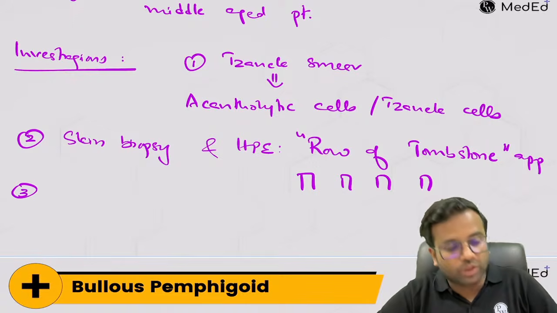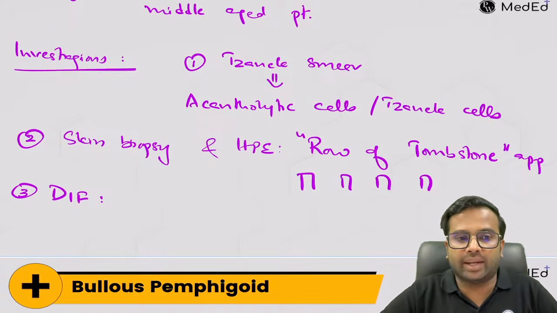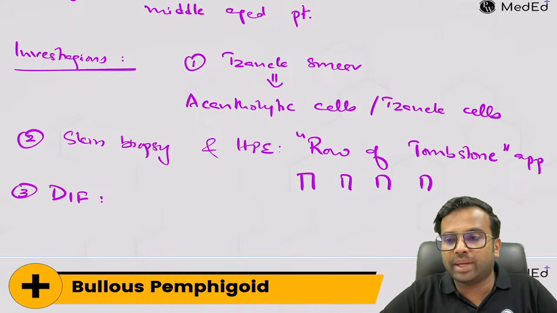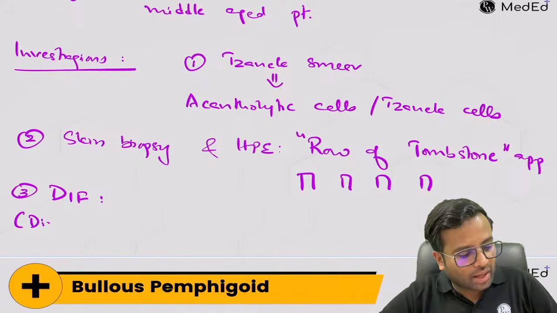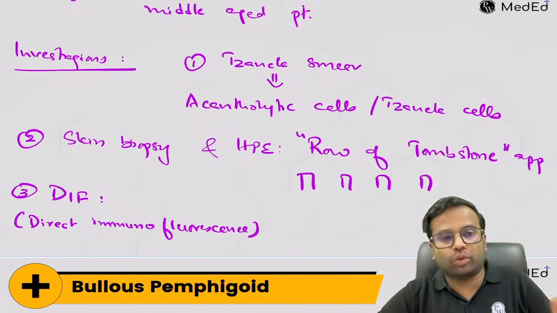And the third one, which you should definitely write for your exam, is the DIF finding. DIF means direct immunofluorescence. Okay, direct immunofluorescence.